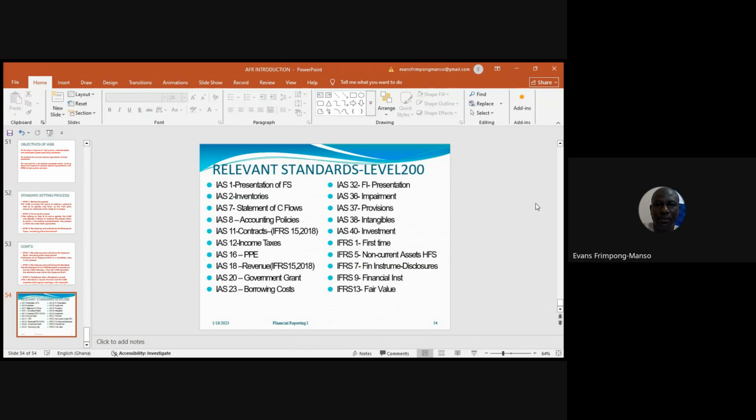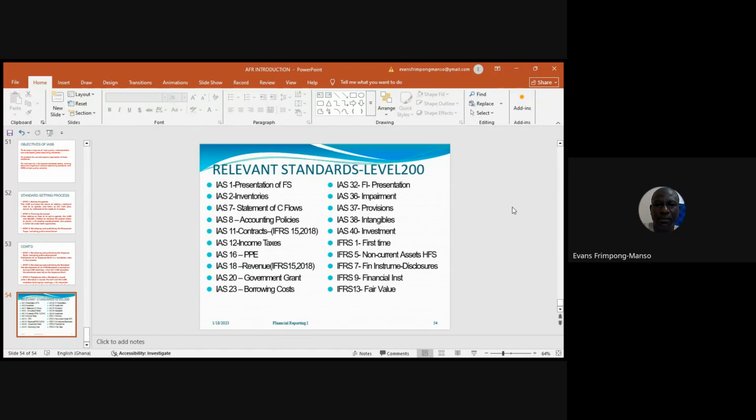Almost 80% or 90% of these standards will be done in financial reporting 1 and financial reporting 2. So by the time you finish financial reporting 1 and financial reporting 2, you must have done about 90 to 95% of these standards.